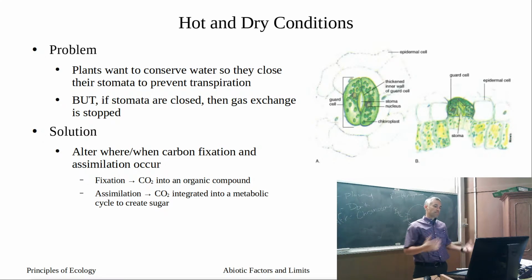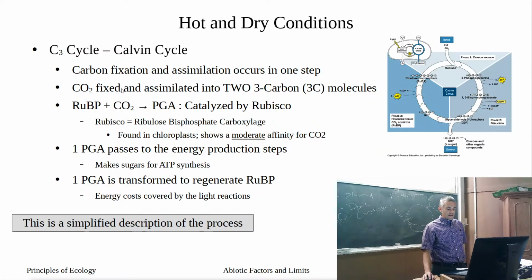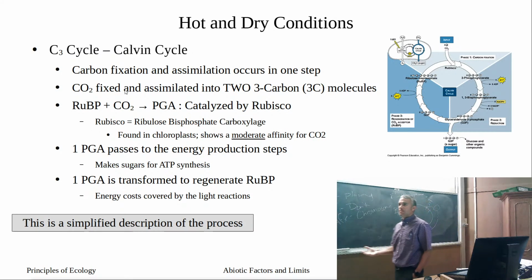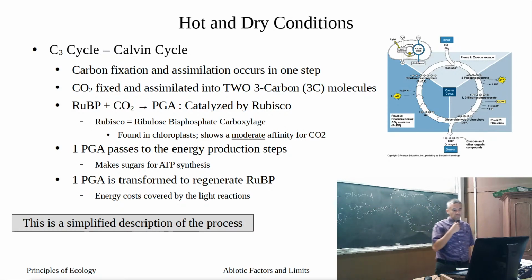So how does the plant respond? The plant can respond by altering its metabolic pathways, or evolving a different metabolic pathway that separates where we have carbon fixation and carbon assimilation. To introduce those adaptations, we start with the most common type of pathway, the C3 pathway. The C3 cycle is just the Calvin cycle.